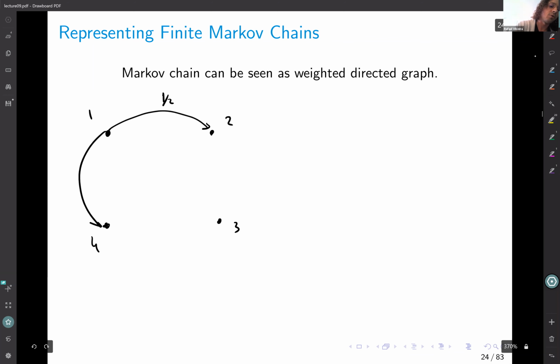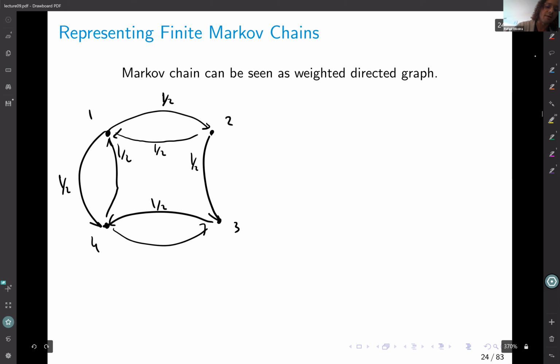I went from 1 to 4, probability half, and then 2 to 3, probability half, 3 to 4, probability half, and then here I went 4 to 1, probability half, 2 to 1, probability half, and so on, right? So we have this graph.